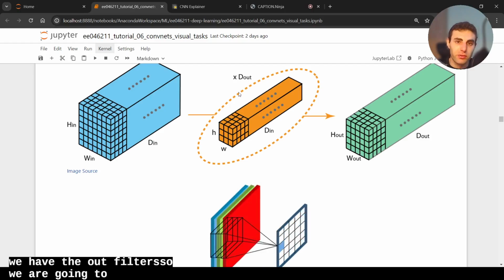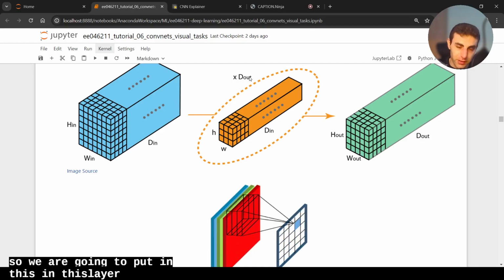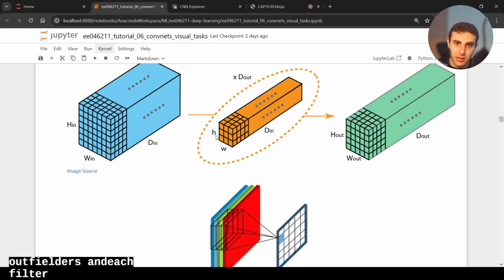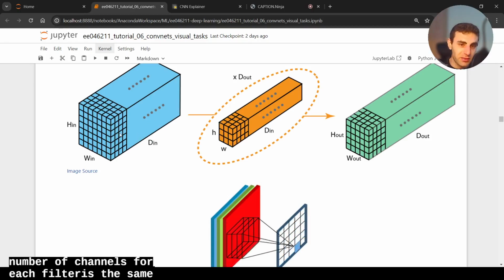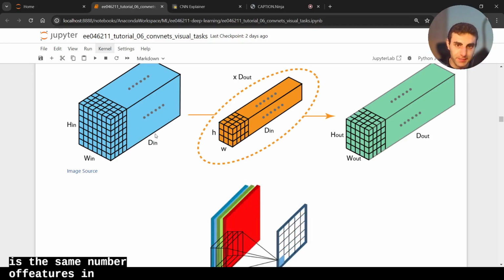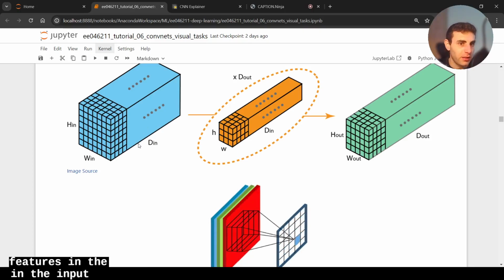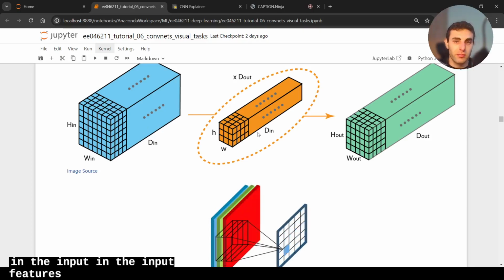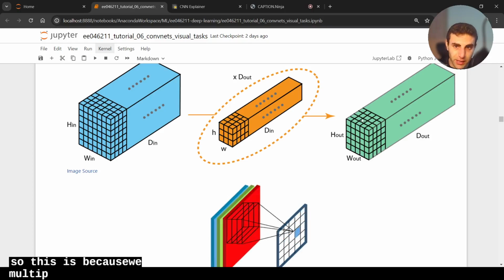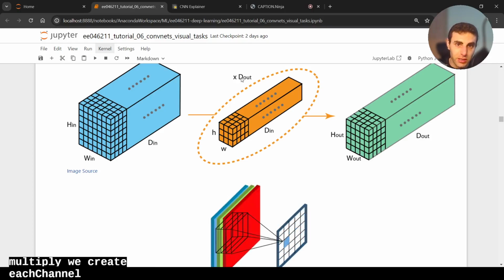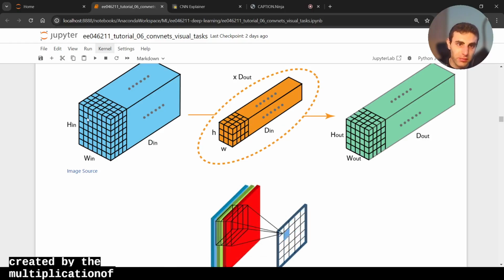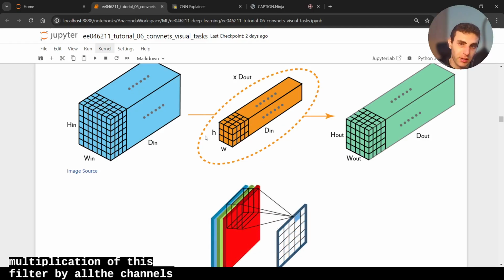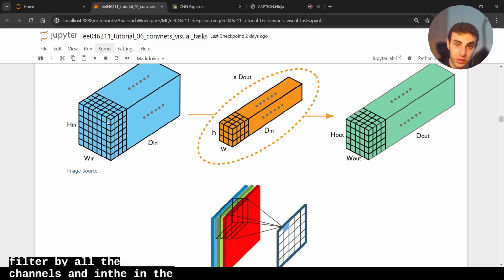So we are going to put in this layer D-out filters, and each filter dimension is, for example, 3 by 3, and the number of channels for each filter is the same as the number of features in the input features. This is because each channel in the D-out channels is created by the multiplication of this filter by all the channels in the input features.